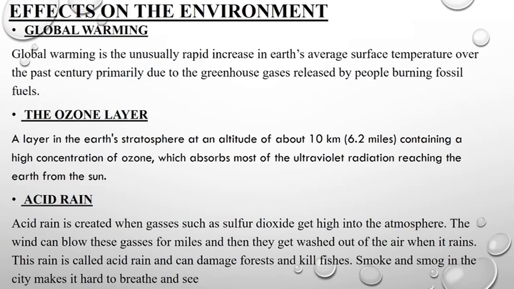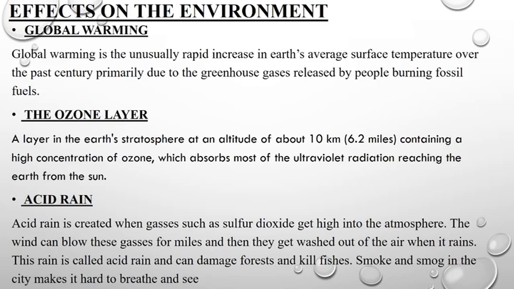Two, the ozone layer. A layer in the Earth's stratosphere at an altitude of about 10 kilometers or 6.2 miles, containing a high concentration of ozone, which absorbs most of the ultraviolet radiation reaching the Earth from the sun.